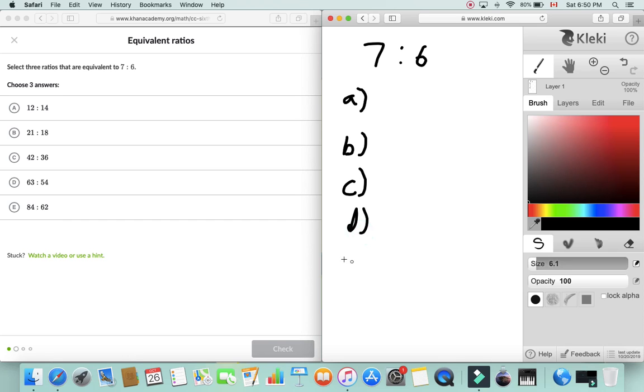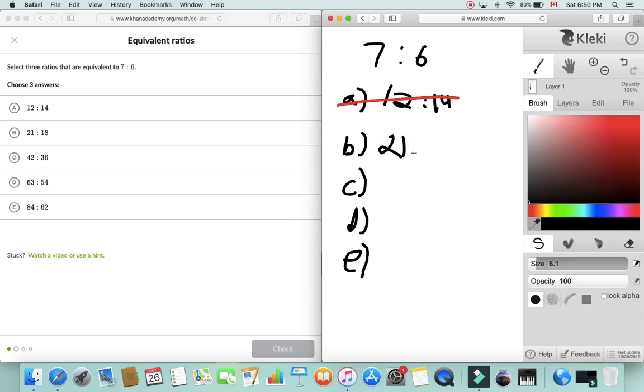That's a D, totally. Okay, so this is 12 to 14. Well, again, order matters, and you can't get 7 to 12. It doesn't work. So let's just cross that out.